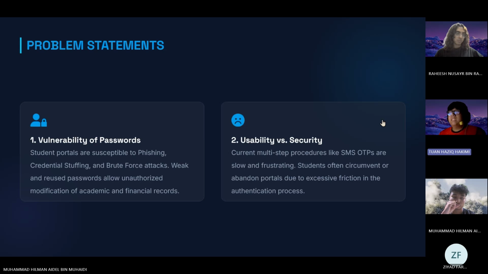The text message gets delayed or you have zero mobile reception inside a basement lecture hall and suddenly you are completely locked out of your quiz or exam. Because it causes a high amount of friction, students look for ways to bypass it or avoid using the portal entirely. We desperately need a security gate that takes less than a second to complete without sacrificing our safety.